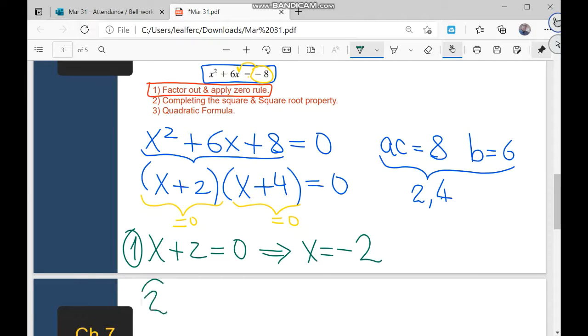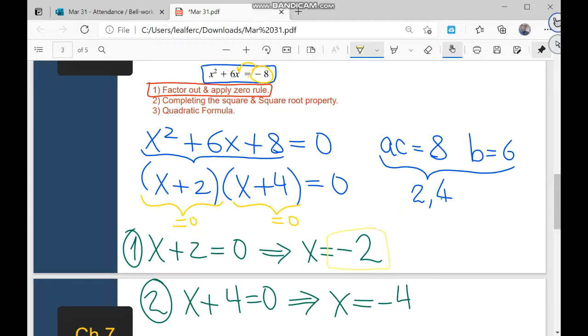The second solution, x plus 4 equals 0. To have x plus 4 equal 0, we need to plug in x equals -4. The answers are -2 or -4.